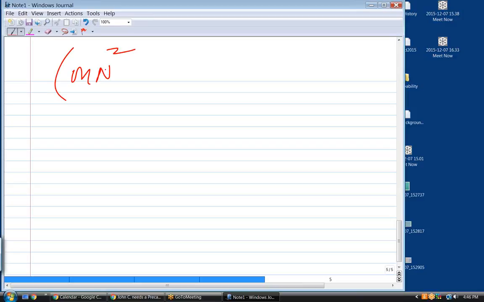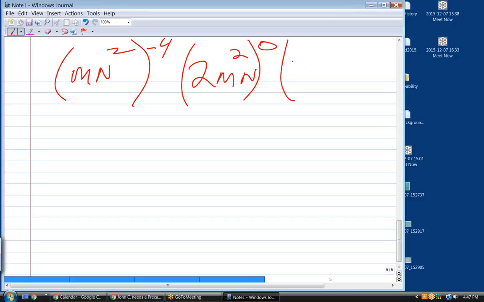Okay. All right. So what was this problem? MN squared, end parentheses, to the negative fourth. Negative fourth exponent, okay. Parentheses, 2m squared, and to 0. Parentheses, 3m cubed, n to the fourth, and parentheses squared.